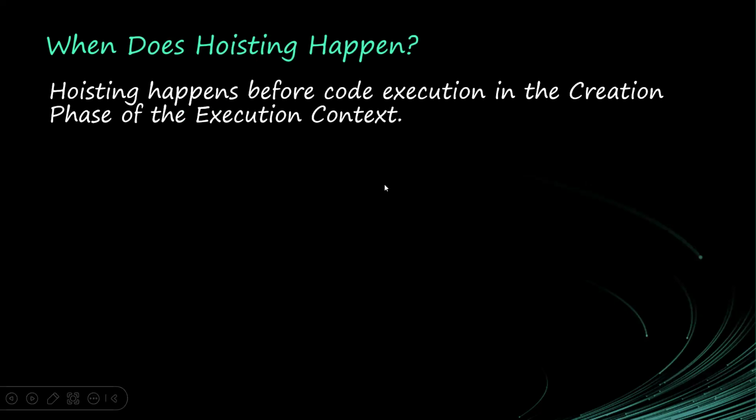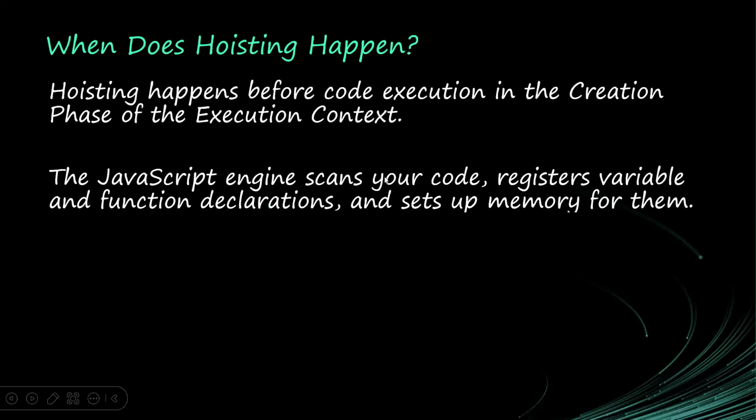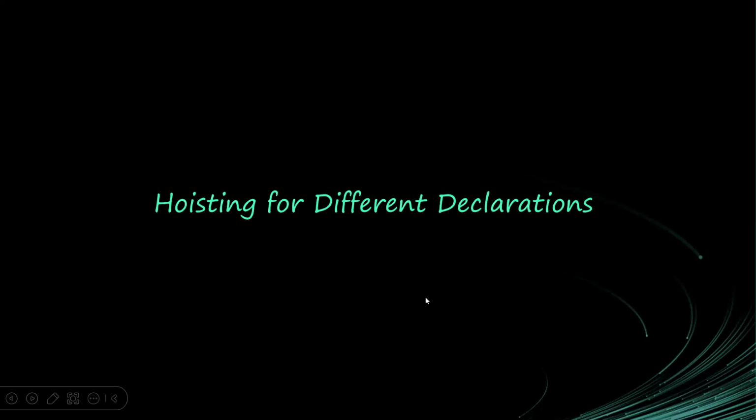When does hoisting happen? Hoisting happens before code execution, so in the creation phase. When the variables are created, the scope will also be created, so the variable declaration will be hoisted. The JavaScript engine scans your code, registers variable and function declarations, and sets up memory for them. During the creation phase, JavaScript looks at all the variables you've created and the functions you've declared, then creates memory for them, but it will not assign any value to them.